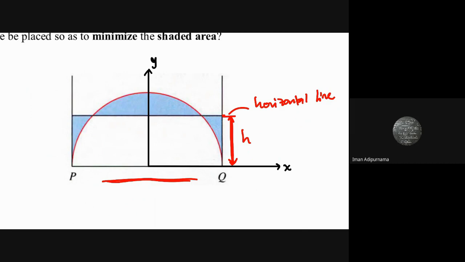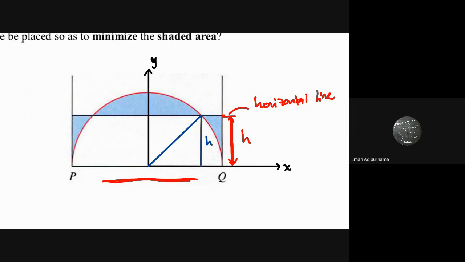And we can have a triangle inside. This is the intersection, right? So this is h.